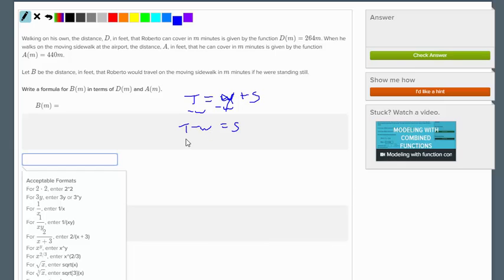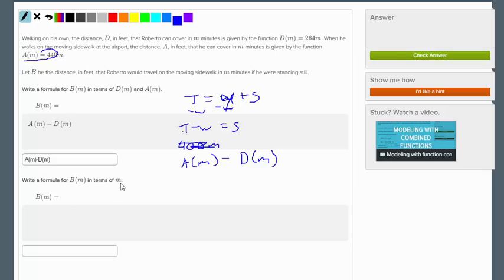Okay, so let's think about this. T is this one, A of m, his total. So 440 m. Well, let's not do that yet. A of m minus how much he walks. He walks 264 m, which is d of m. So we should have A of m minus d of m. Then, what's it in terms of m?